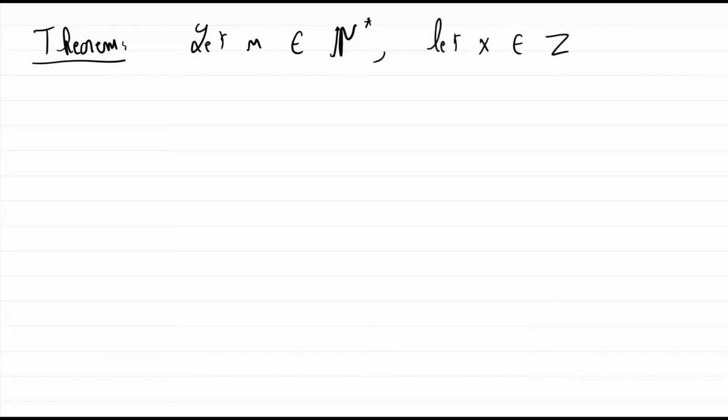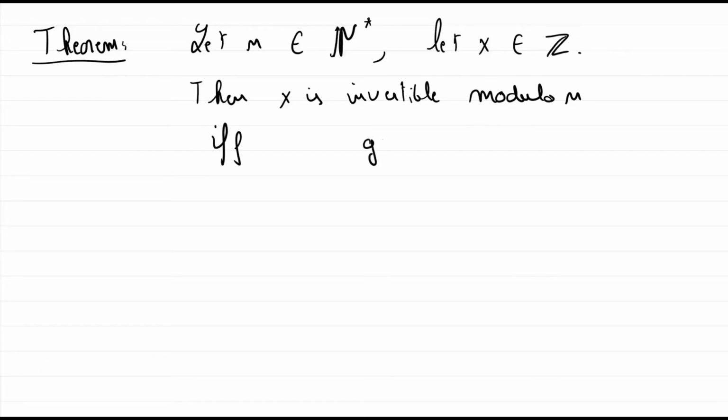I can write a theorem about this question. Take any n, let n be a natural number, or in fact any integer which is not 0, and let x be any element of Z. Then x is invertible modulo n if and only if the greatest common divisor of x and n is equal to 1. So if and only if x and n are coprime, or relatively prime.